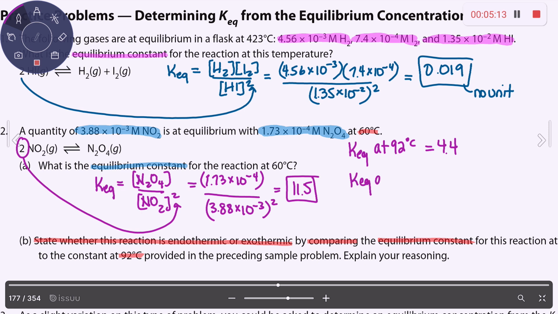It's 4.4. And then the KEQ value that we calculated in part A at a lower temperature is 11.5. So basically when you drop the temperature, you increase the equilibrium constant, which means you're increasing the concentration of product. So is this endo or exo?